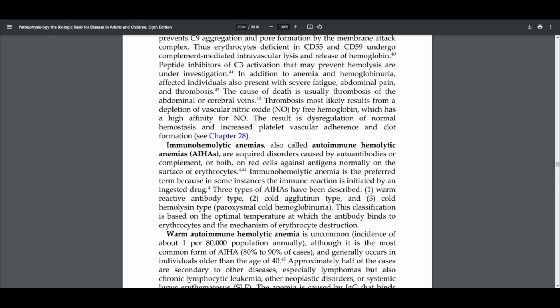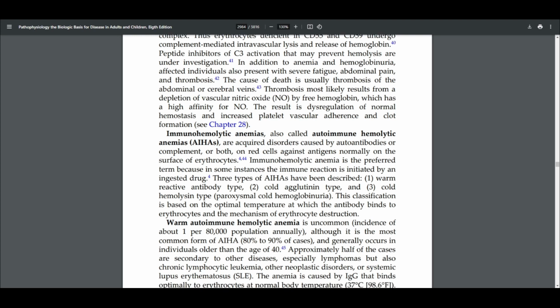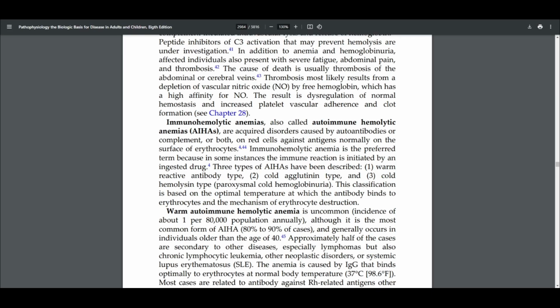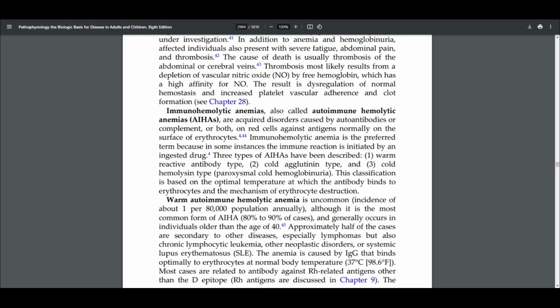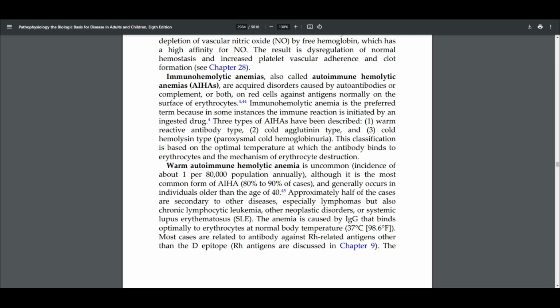Thrombosis most likely results from a depletion of vascular nitric oxide by free hemoglobin, which has a high affinity to nitric oxide. The result is dysregulation of normal hemostasis and increased platelet vascular adherence and clot formation.